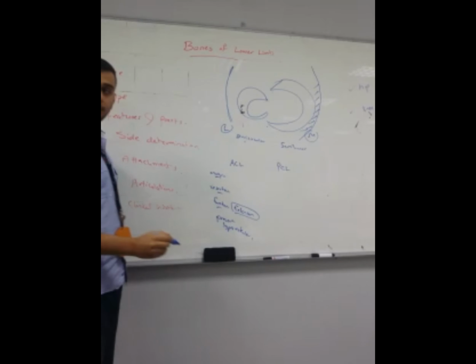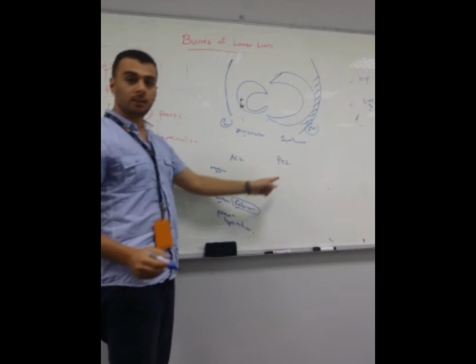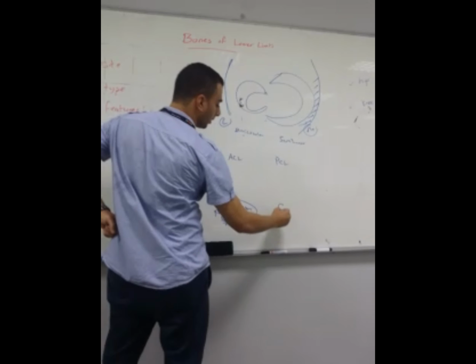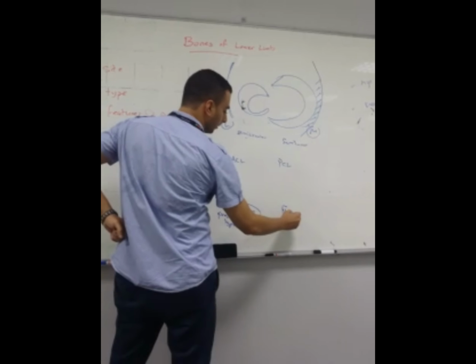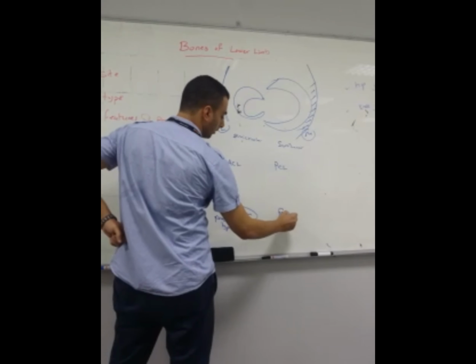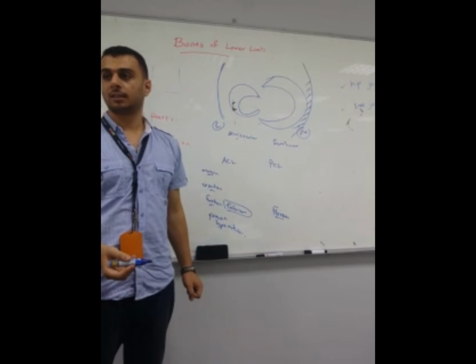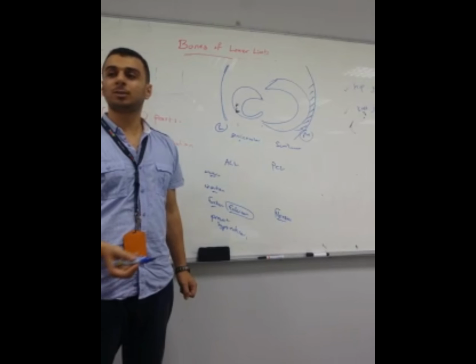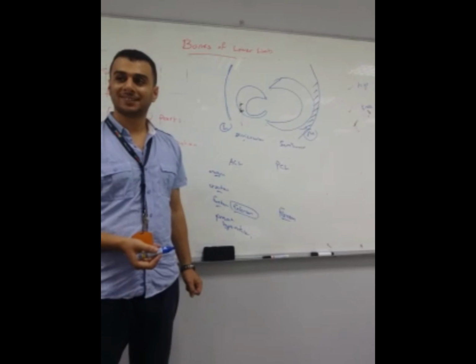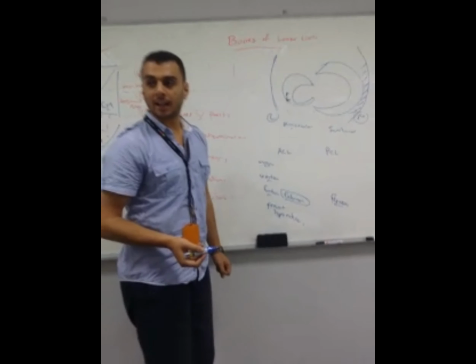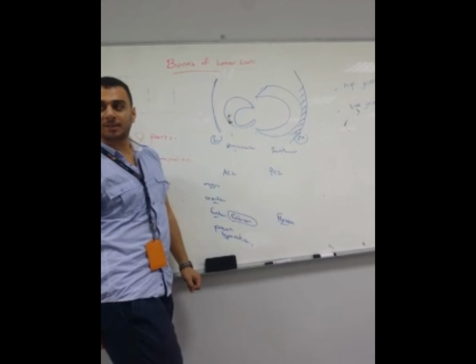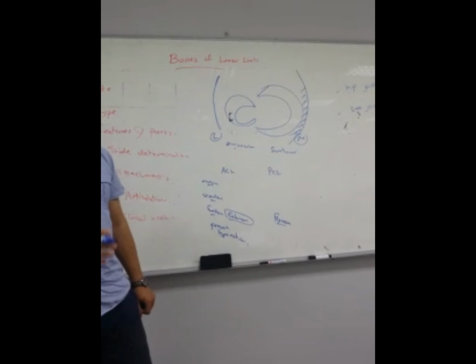Okay. The PCL will be stretched during flexion of the knee joint. Can I say it prevents hyperflexion? You cannot do hyperflexion. It's flexion. Can you do more than this one? Cannot. So it's only stretched during flexion.